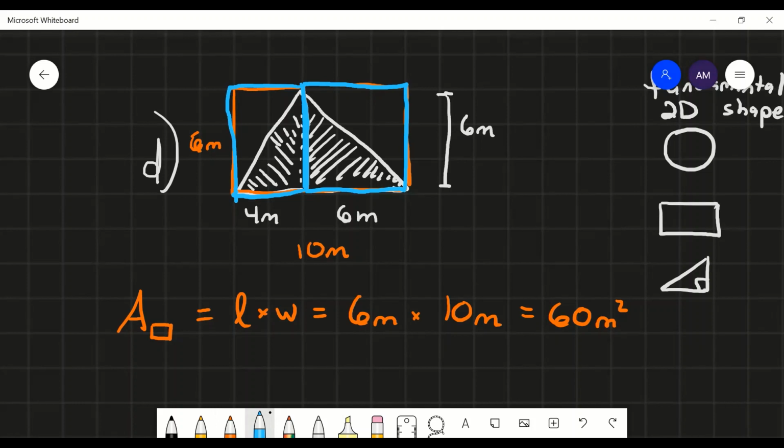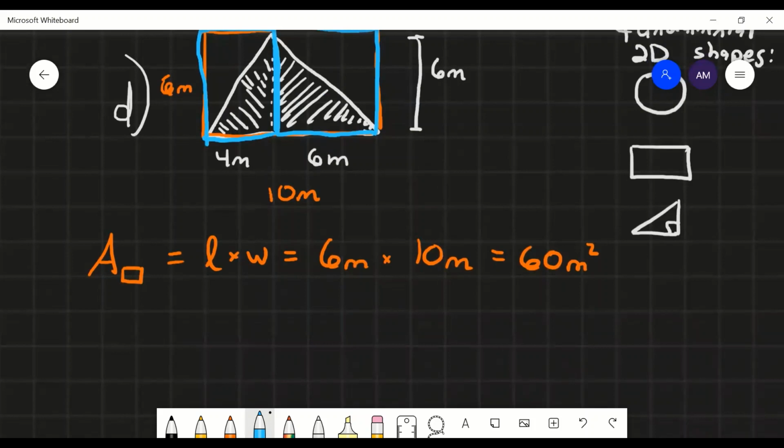It doesn't matter what the triangle really looks like. As long as you know the height and the width of the triangle, the area is just going to be the length times the width, just like the rectangle, but then divided by 2 because it's half. So the area of a triangle is the length times the width divided by 2.